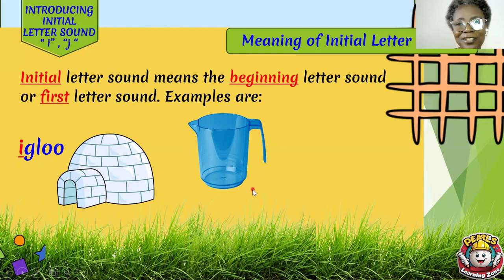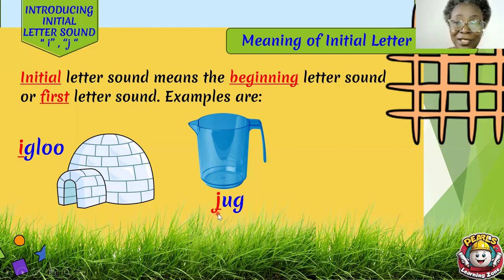What is the first sound you hear when I say jug? J. Great job. Well done. So this is jug. And the first sound there is J. Can you see it's underlined and in red ink?